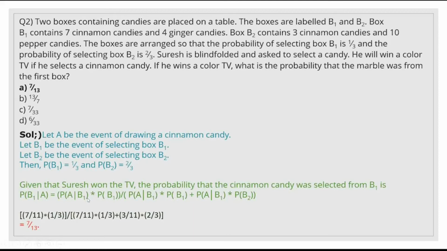We calculate the probabilities of selecting box B1 and box B2 simultaneously. After we input all the values and solve the equation, we get the value 7/13. So the correct answer is 7/13.